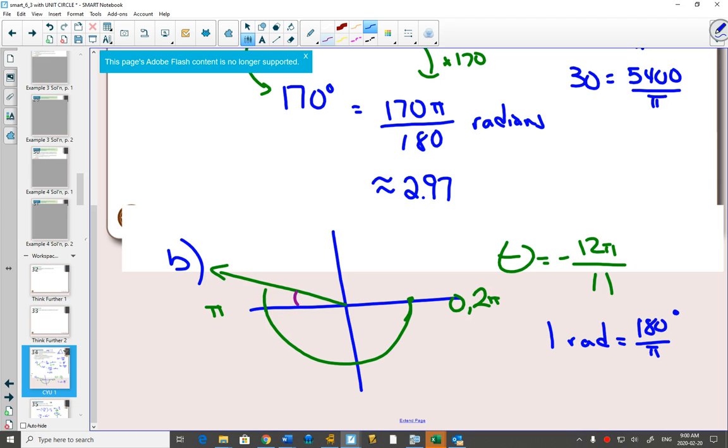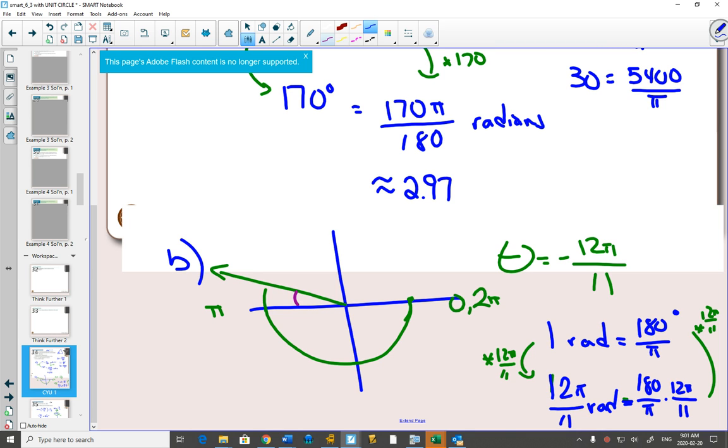And so if I change this to degrees, I would have to multiply by 12 pi over 11 radians. I'd have to multiply this side too by 12 pi over 11. So I'm going to write that out right now. 180 over pi multiplied by 12 pi over 11.